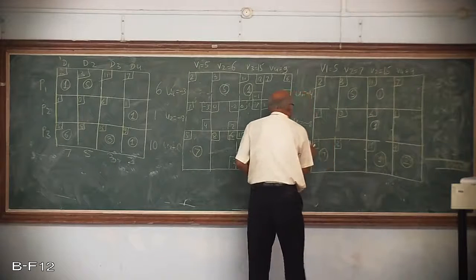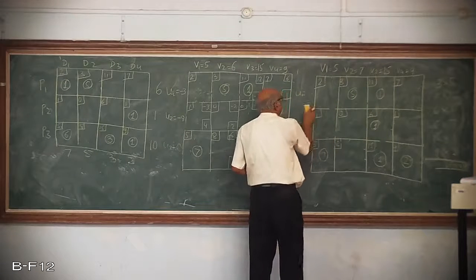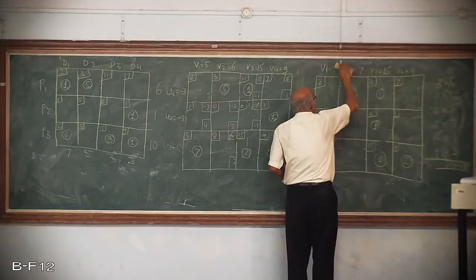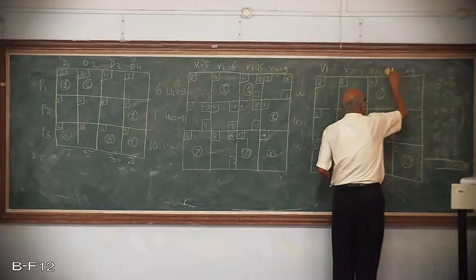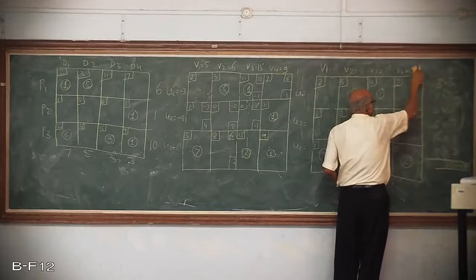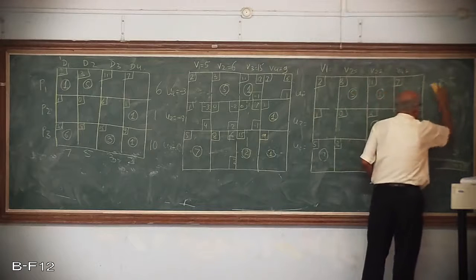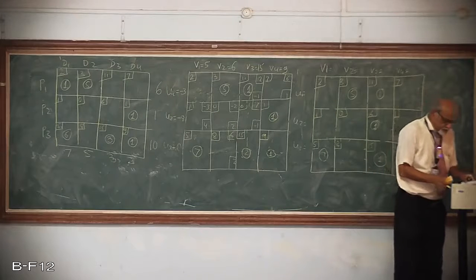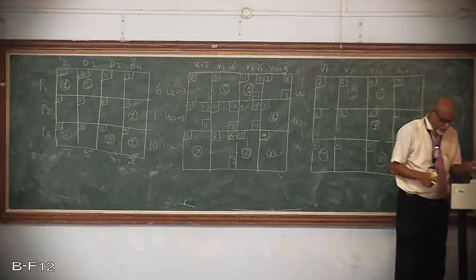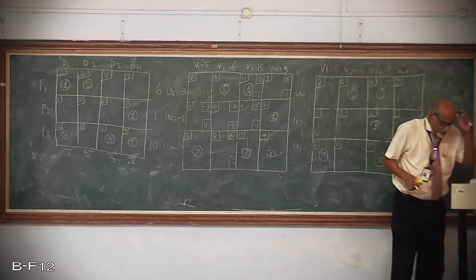Again, I need to find out the new values of U1, U2, U3, V1, V2, V3 and V4. Again, the same procedure is to be adopted. Okay. Now, we'll try.